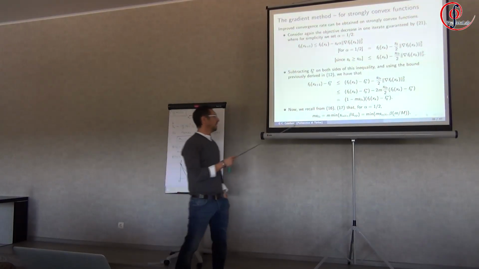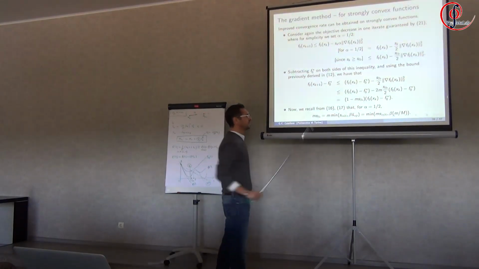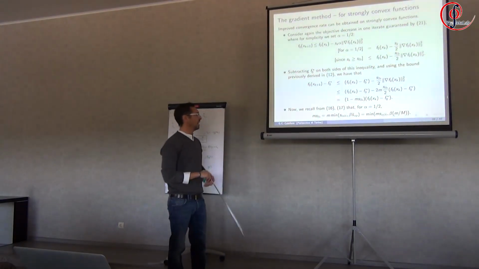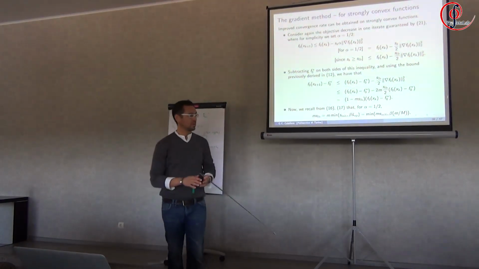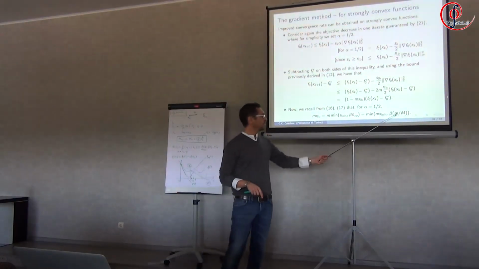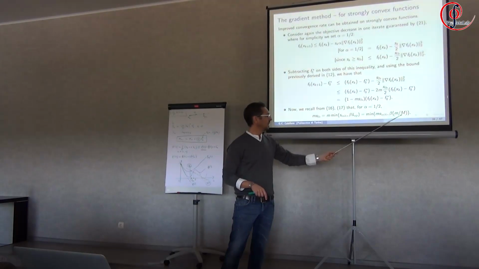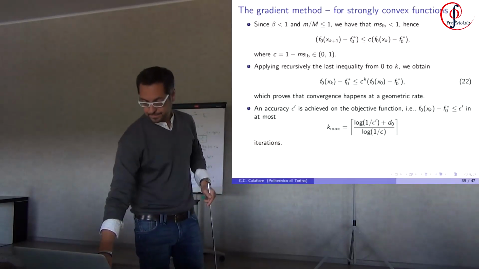Now again, there is some relation that holds due to the way we construct this upper bound, which is related to the Lipschitz constant, which in the case of strongly convex functions, instead of calling it L, is this capital M, the Lipschitz constant on the gradient.